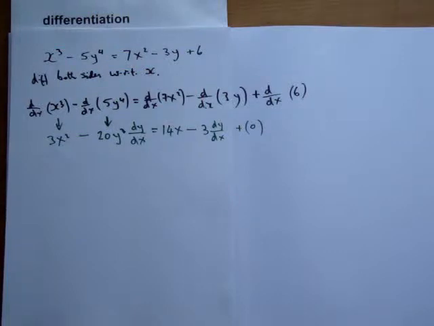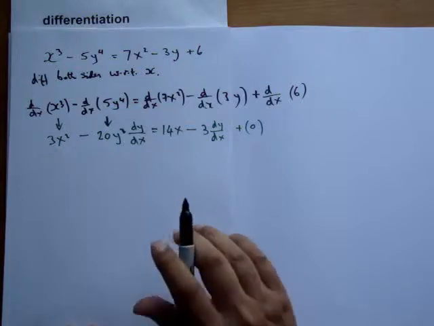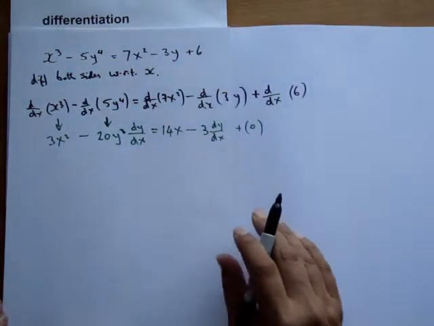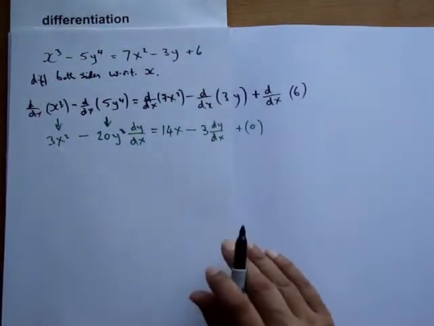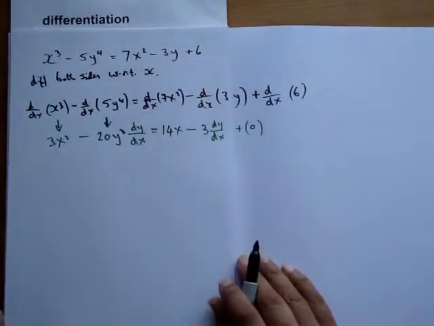Now what we need to do is bring all the dy by dx terms that we have to one side, and when we do that, try to keep the first term positive, because when we try to solve the equation for y prime, it makes it easier.